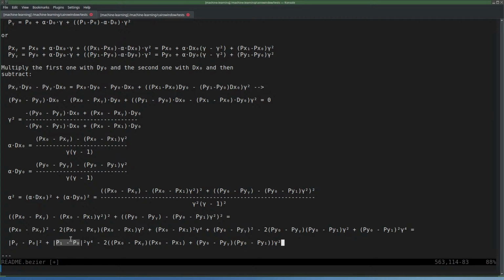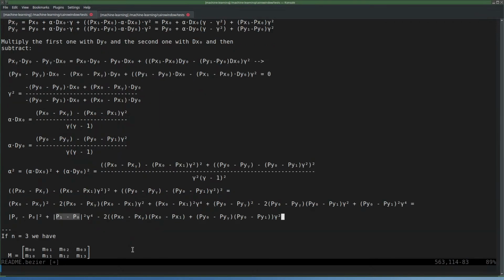Then all the gammas drop out, or they'll just become part of that. The square of a vector, kind of feels like it. Well, nah, I don't know.